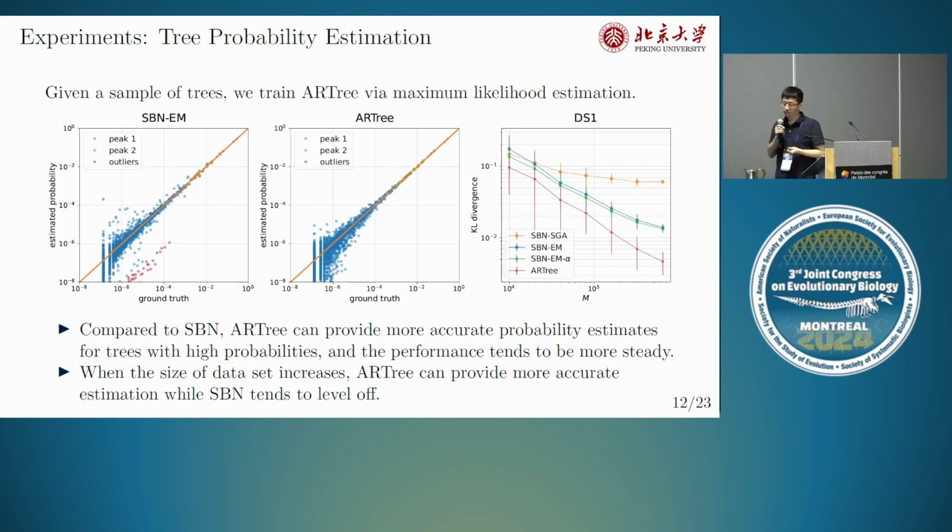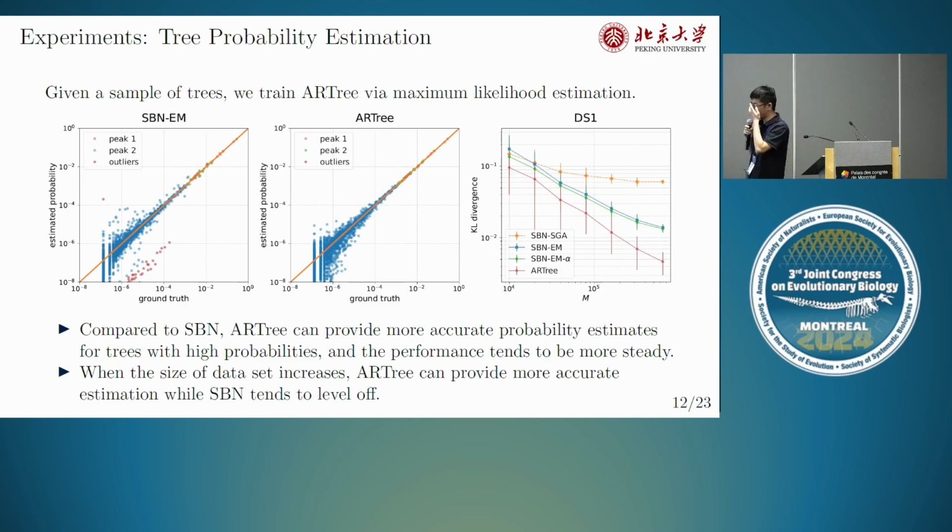Okay, and here's one example. The first one is on tree probability estimation. We did it on DS1, which is a standard data set. We can see that the left and the middle plots show the results from SBN and AR tree for the probability estimation we get from those two different methods.